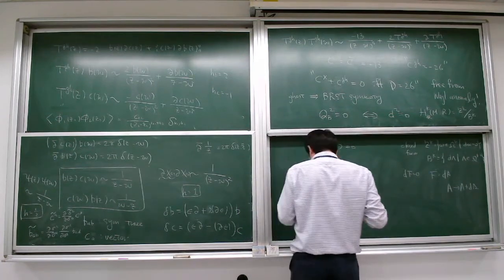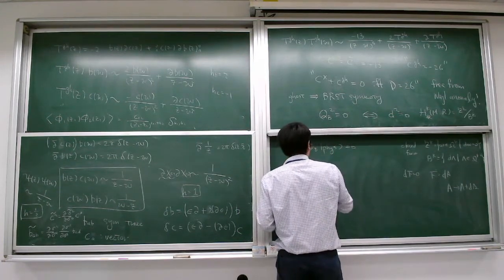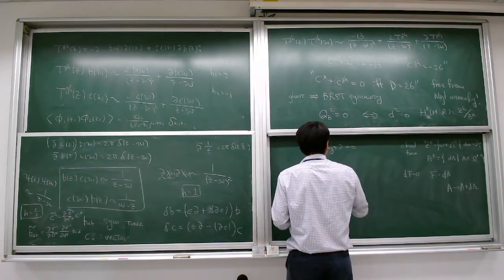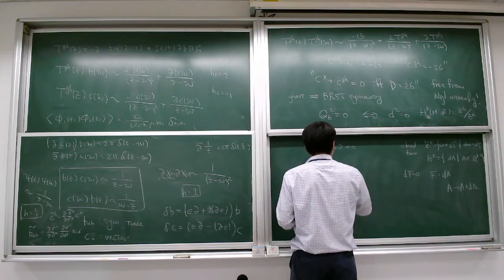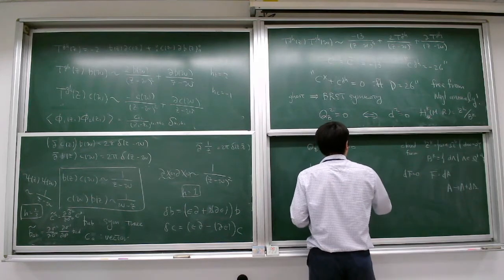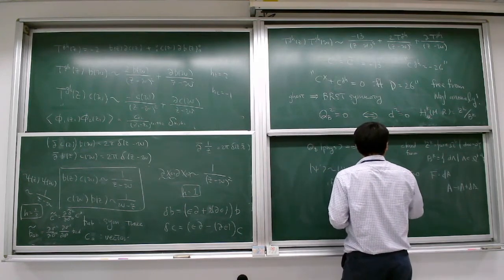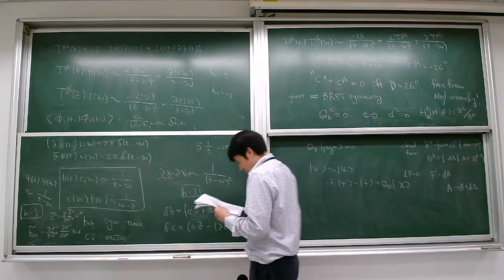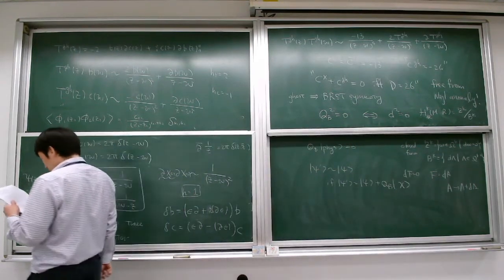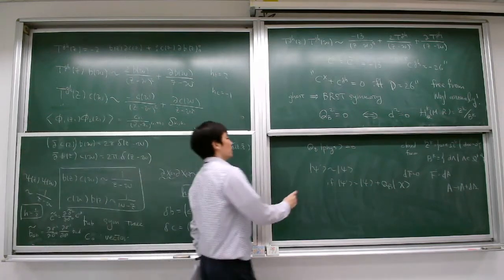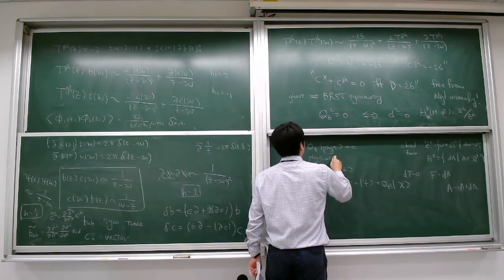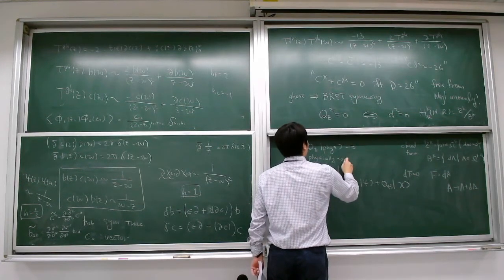BRST symmetry. So if you consider this one is the same, if psi is related by an exact form. Okay. So the physical state is the same. So we just identify them. It's the same configuration.